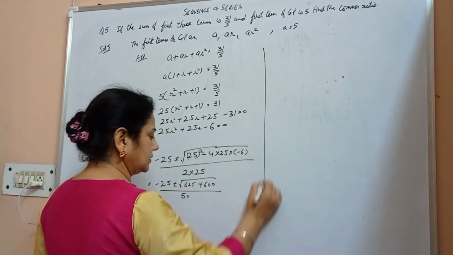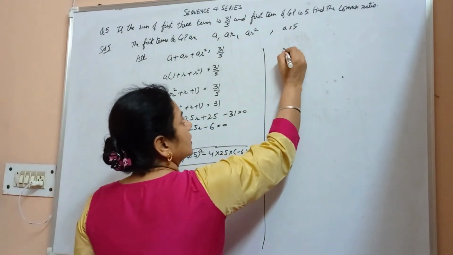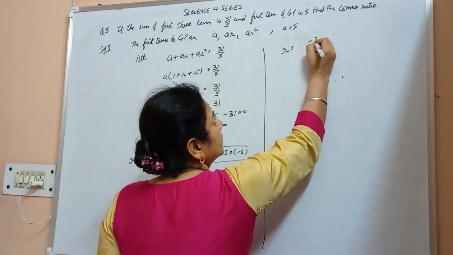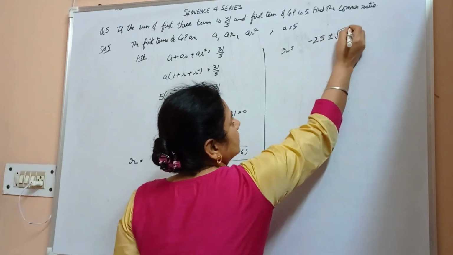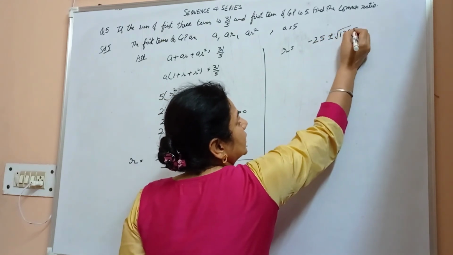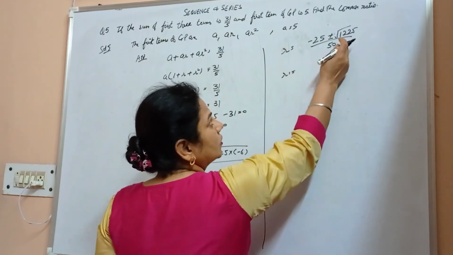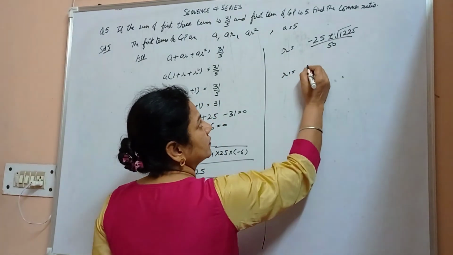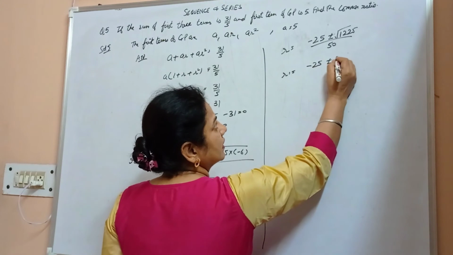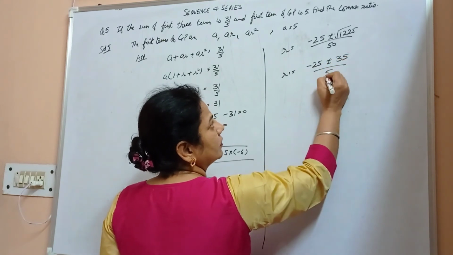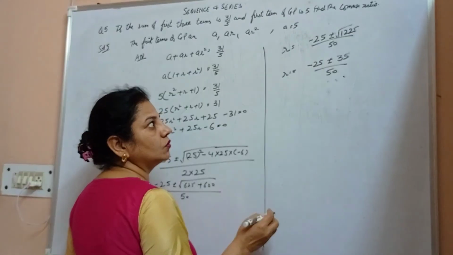So here I get r is equal to minus 25 plus minus under root 1225 upon 50. The square root of 1225 is 35, so r is equal to minus 25 plus minus 35 upon 50. So there are two values.